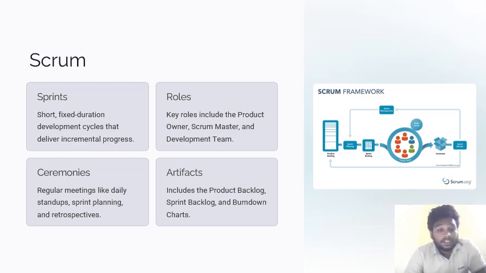Ceremonies are regular meetings like daily stand-ups, sprint planning, and retrospective. Artifacts include the product backlog, sprint backlog, and burn down charts.